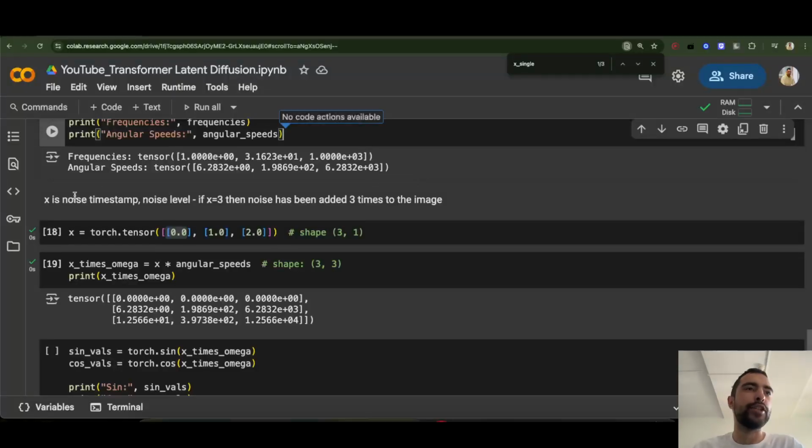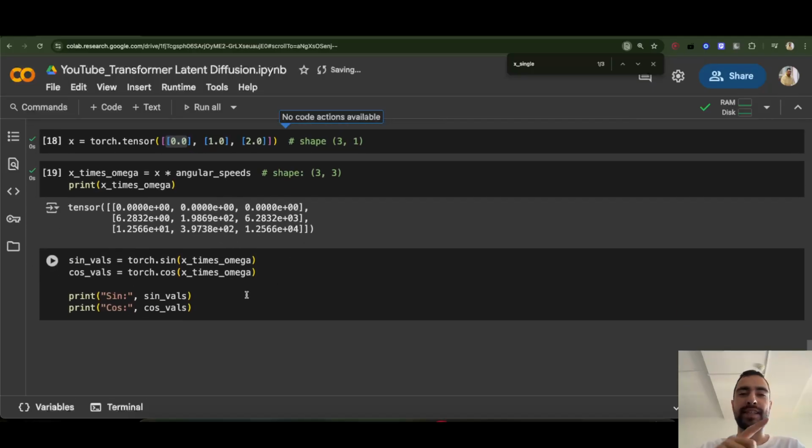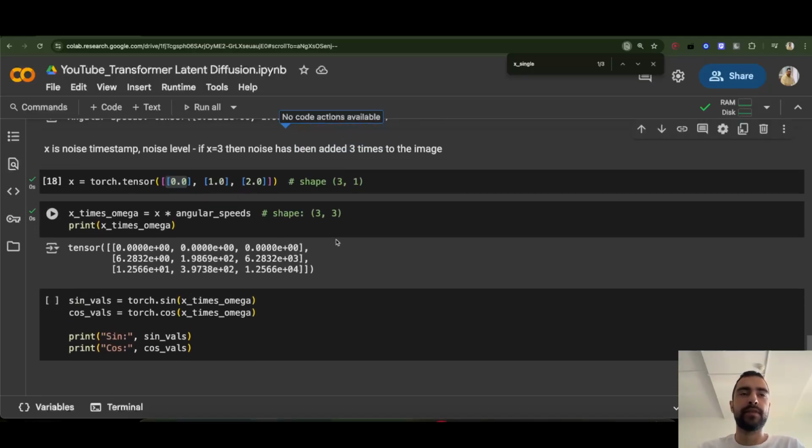So x is noise timestamp, noise level. So if x is 3, then noise has been added 3 times to the image. So now, instead of just passing this number 3 to the neural network, it's better if we convert that number 3 into sine wave, and then the neural network will learn better.